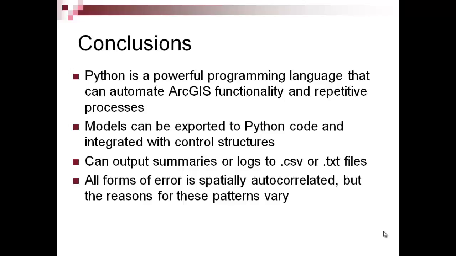So like I talked about with the attribute completeness, I exported all 1 million attribute completeness errors to a file that the NCDOT could assign someone to do at some point in time. And then, like you saw before, all forms of error are spatially autocorrelated, and the reasons for these patterns vary.